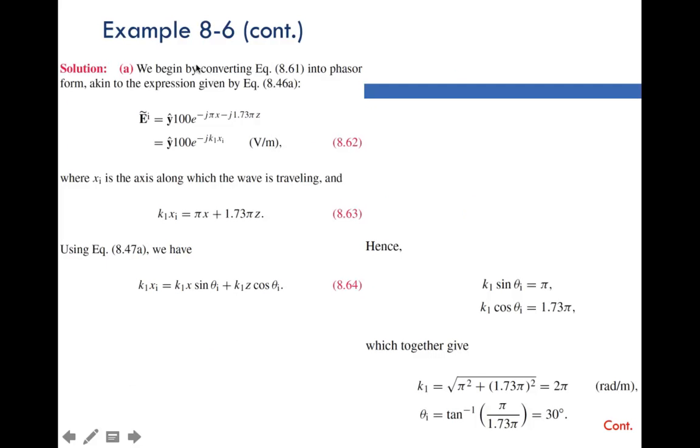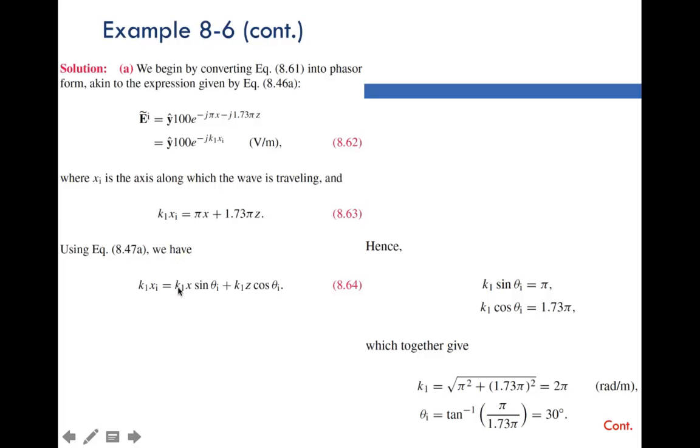The first thing we do is convert this into a phasor. It's in the y-hat direction. Here is the phasor showing the direction in which the wave is traveling. We know that k1 x1, where x1 is in the frame of the wave, is equal to the expression in the exponent.